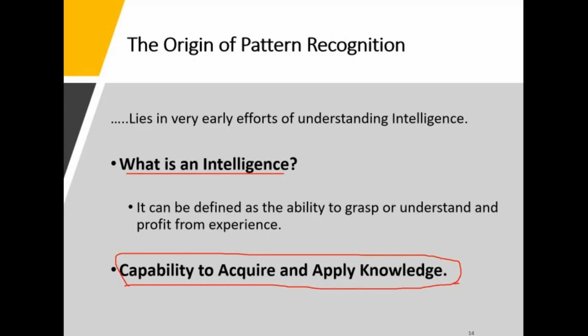Now next day, when you travel on the same road, you will be more cautious and try to avoid the earlier experience, because you know there is some problem and you faced it yesterday. So that is the capability to acquire information and apply it. Once you do that, then you are intelligent. So the search for the definition of intelligence is very old.